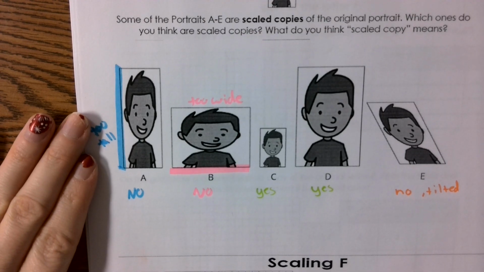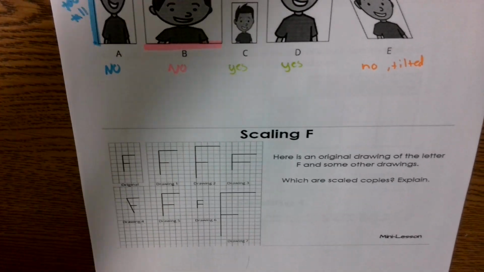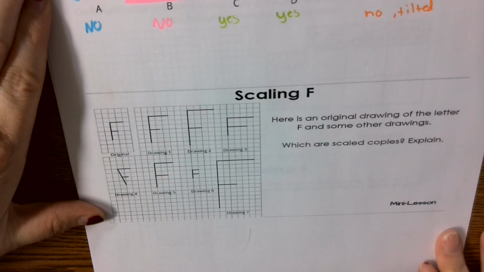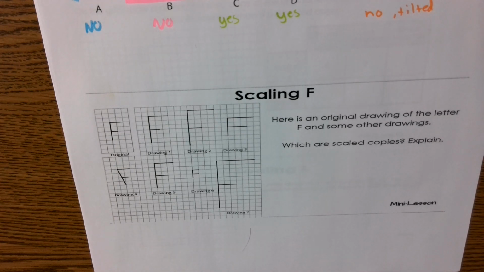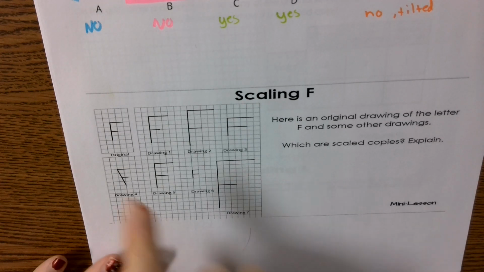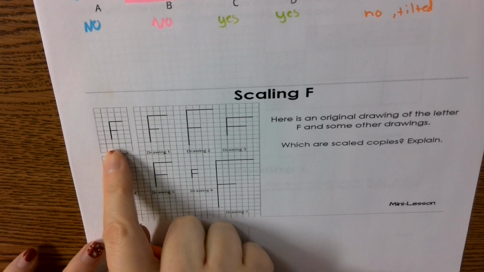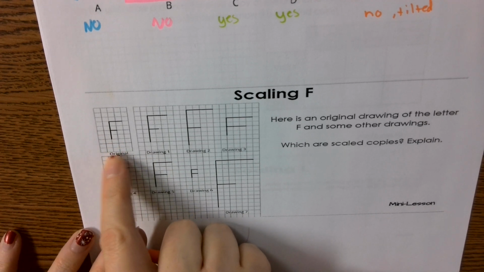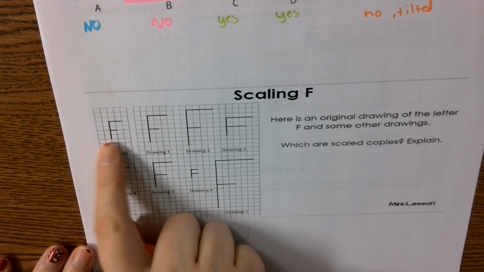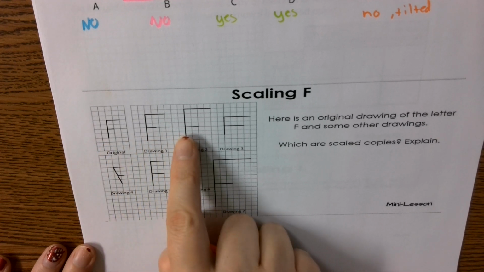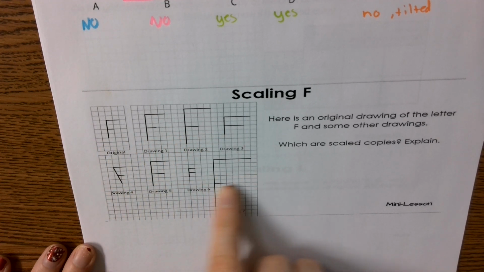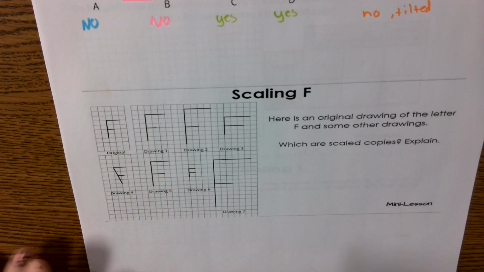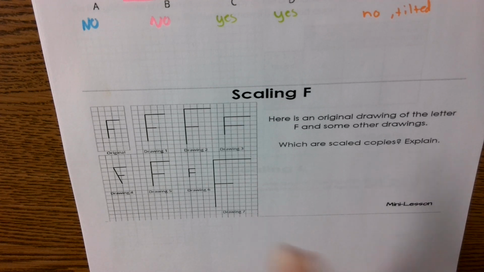Okay? All right, so let's take a look here with our scale drawings. Like I said before, it has to be proportional. So it has to keep its shape, and it has to keep its proportionality. Taking a look here, if this first F is our original shape, I want to know which 3 Fs would be considered scaled copies.